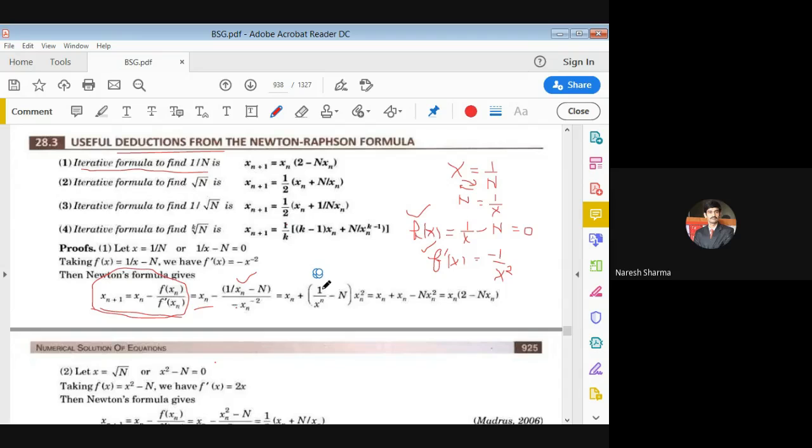If you multiply this inside, this gives you an x n here and minus n x n square. So this x n and this x n become 2 x n and minus n x n square, that gives you, if we take x n common, this result. So this is the iterative formula for 1 by n.